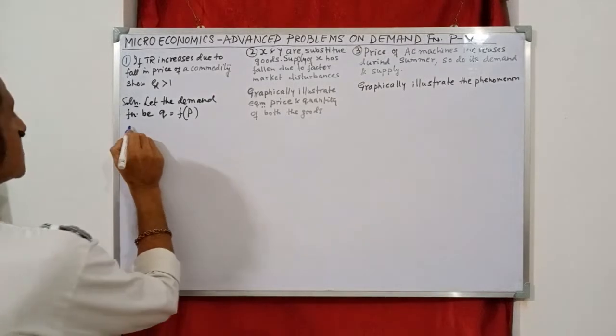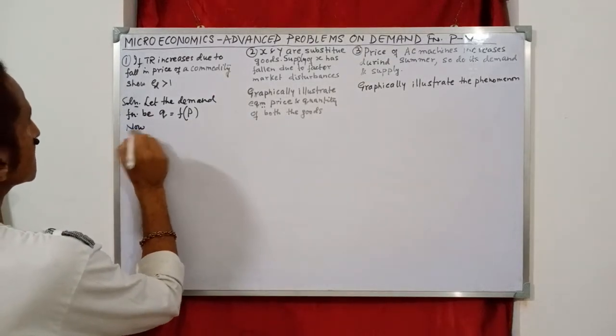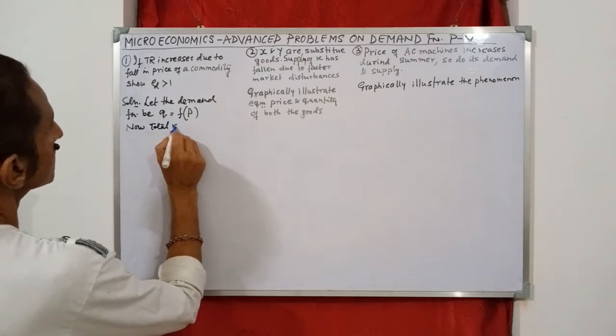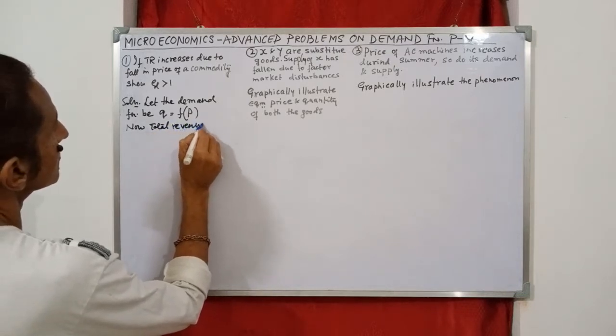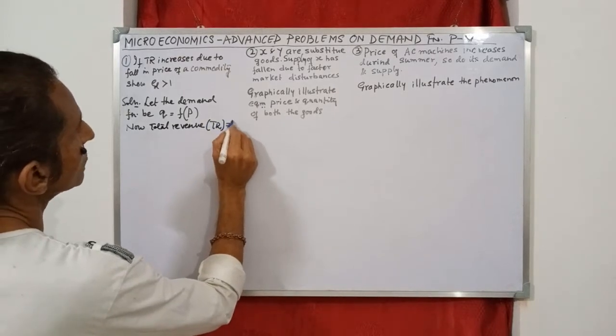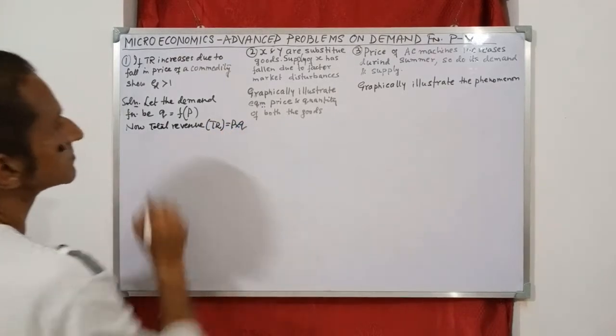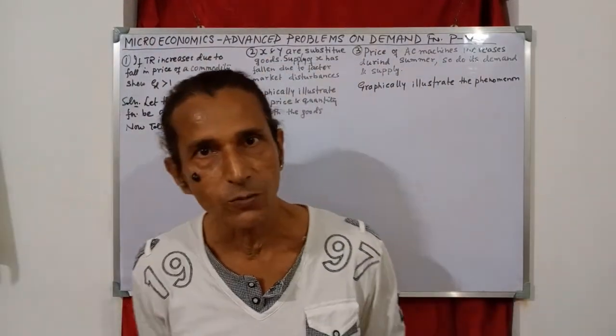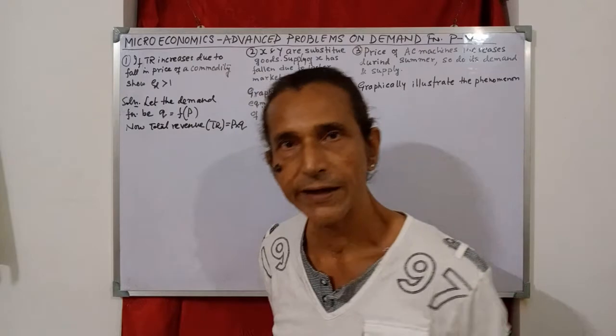Now, total revenue, that is TR, is equal to P into Q. Total revenue equals to price of the commodity into quantity demanded and supplied.